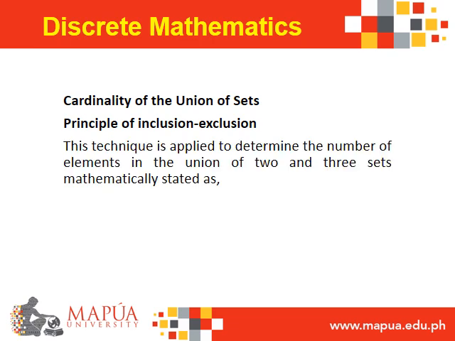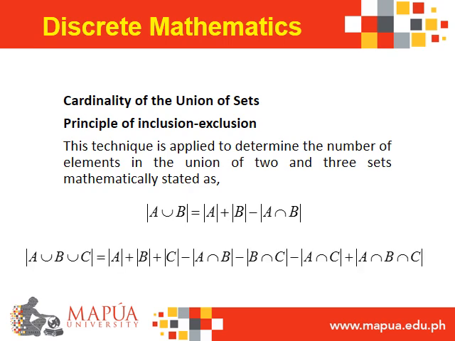So the technique is applied on particular sets that may contain 2 or 3 given sets, mathematically stated as this for 2 sets and this for 3 sets. Note that the parallel bars around these particular operations represent the number of exact elements that are within those given sets or groups.